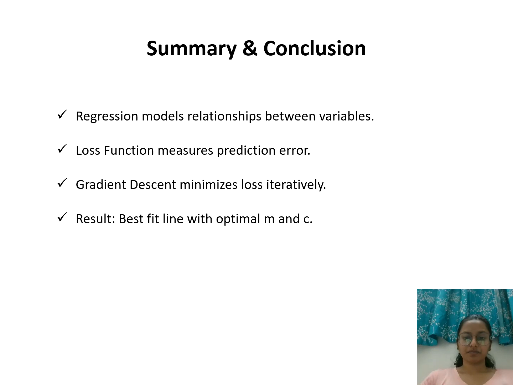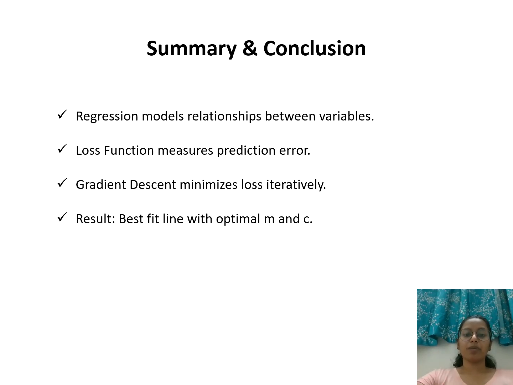So, to wrap it up, we started with the concept of regression, where we try to fit a line through the data points to predict continuous values. Then we discussed the loss function, which measures how far off our predictions are. The higher the loss, the worse a model is performing.